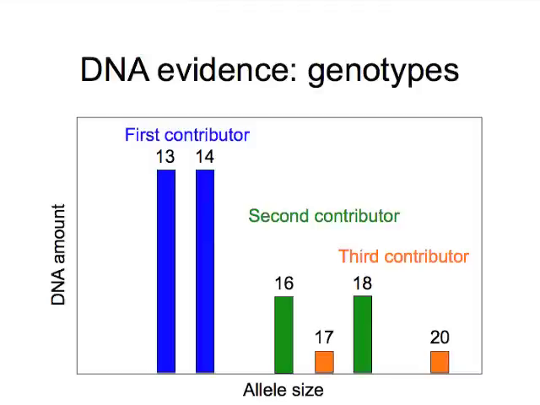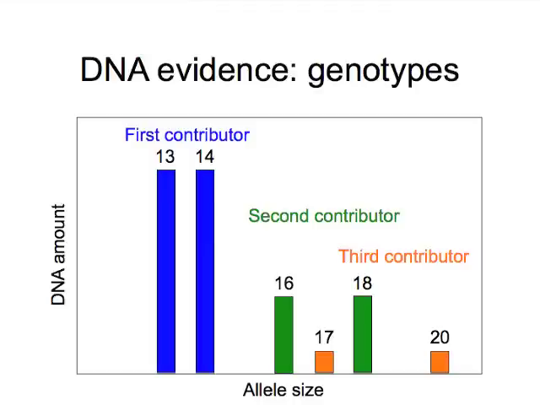So let me quickly describe what a mixture is, so I can describe to you later how they get solved. The DNA evidence are genotypes, and on the x-axis you see allele size of the STRs, with the number of alleles, 13, 14, and so on, increasing, and the y-axis is showing the amount. Genotypes are made up of allele pairs, and so there's maybe a first contributor with genotype 13, 14.